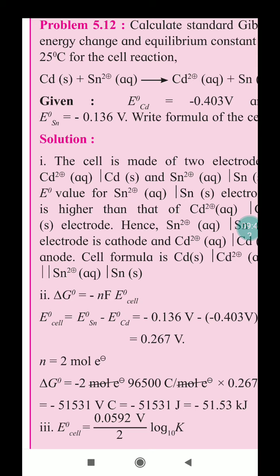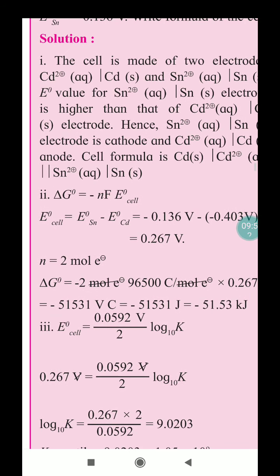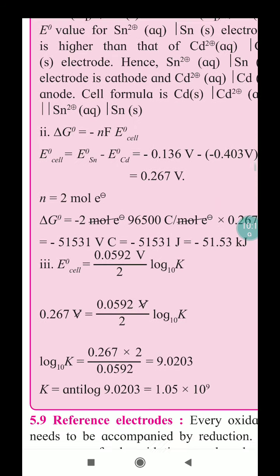Now ΔG is equal to minus nF times the EMF of the cell. By putting this value we get ΔG is equal to minus 51.53 kilojoule. Now EMF of the cell is equal to 0.0592 volt divided by n times log to the base 10 of K, where K is the equilibrium constant. Now we calculate log K by putting in this value.